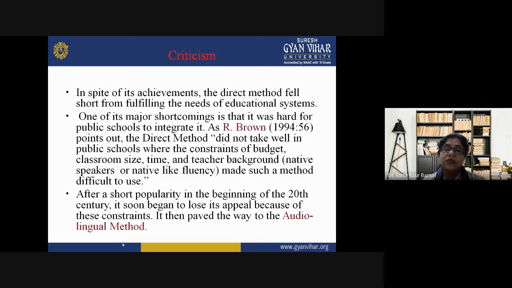Then we follow the next step, which is imitative reading. In imitative reading, the students are supposed to read as the teacher has done. So this is how the target language is learnt in all four skills.